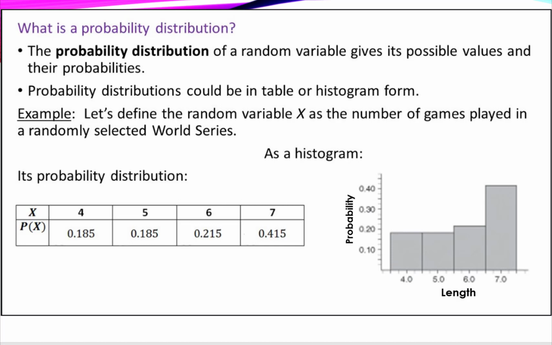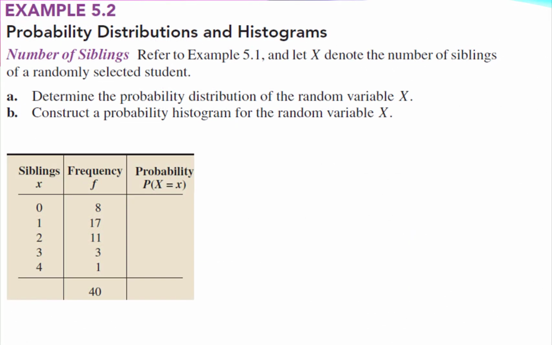X is the number of games, and P of x is the probability of any of those lowercase x's. So P of capital X equal to 4 will be 18.5% or 0.185. Probability distributions can be organized into tables and histogram form.